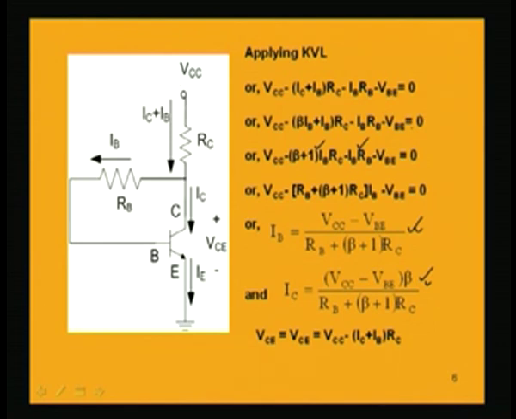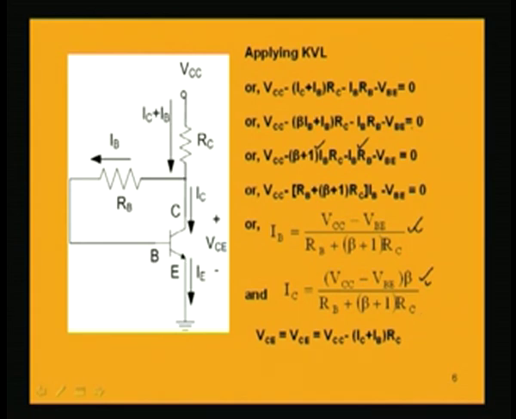Now, the value of the collector to emitter voltage is required to be known. So, VCE can be found out if I travel from VCC towards ground through the collector emitter part. Starting from this point, VCC minus (IC plus IB) into RC minus VCE equal to 0.